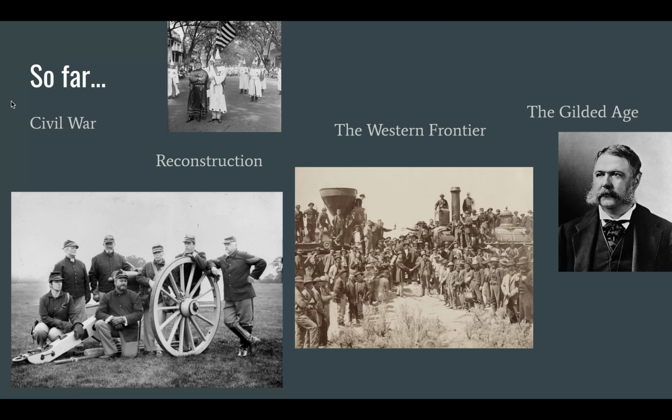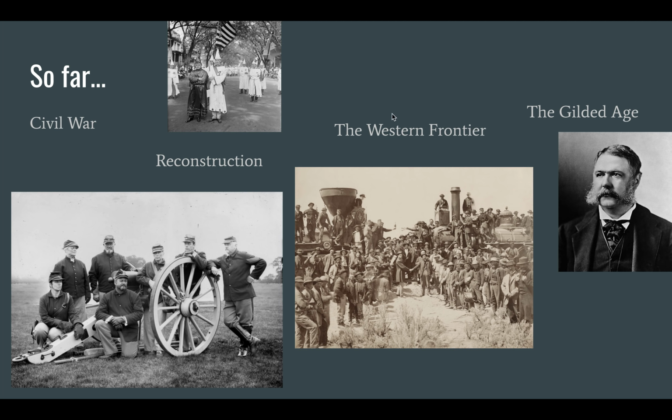So far, we've covered the end of the Civil War and the beginning of Reconstruction. So remember, Reconstruction is when the United States had to come back together, and there were lots of different ideas on how that should be done, lots of different resistance movements that happened, because really people were not ready for all of the changes after the Civil War.